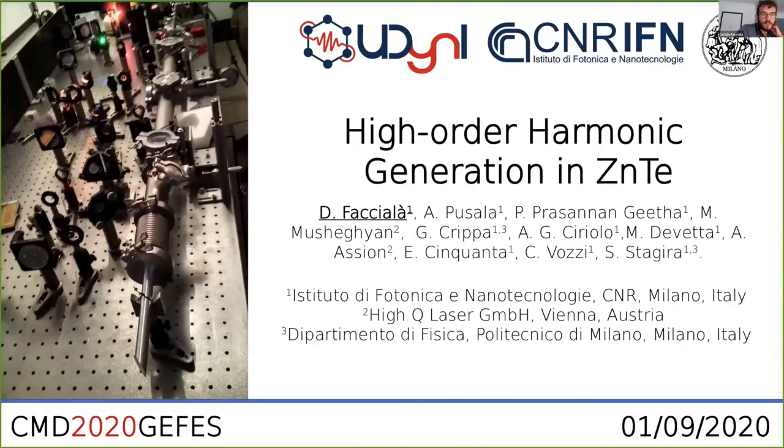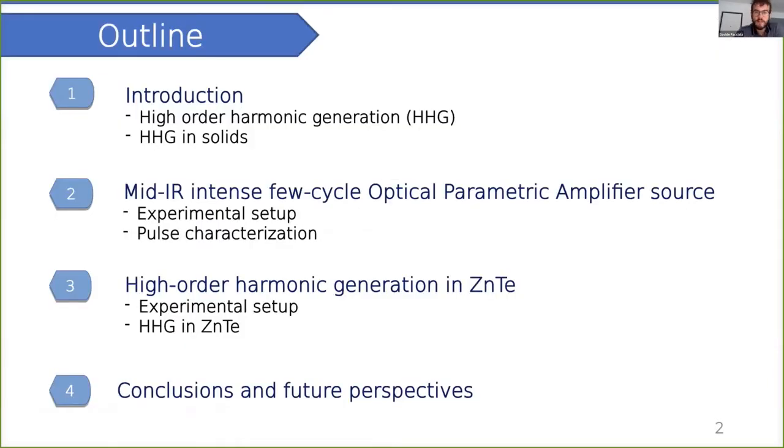Okay, good morning, everyone. First of all, I'd like to thank the organizers for giving me the opportunity to present at this conference. I work in the ultrafast dynamics in matter group in Milano, and today I present the recent results we achieved on high-order harmonic generation in zinc telluride. So let me first quickly go through the outline of this talk.